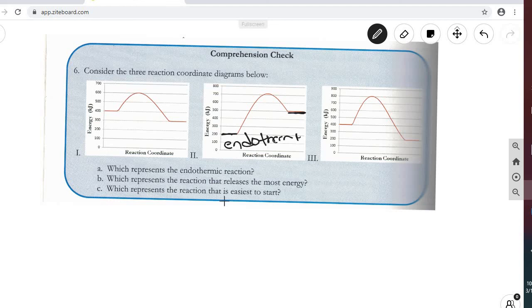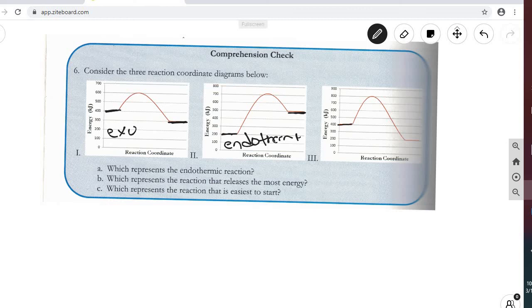And if we look at the others, here's the products, here's the reactants. So here you're going to have 300 minus 400, products minus reactants. So that's going to be a negative number. So this is exothermic.